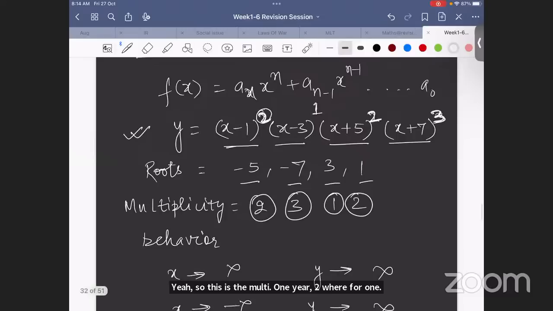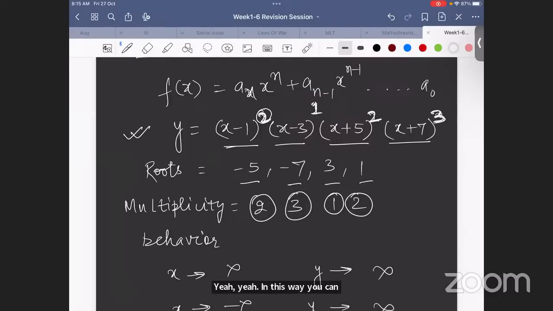You can just write the power at that point. If it is written (x plus 7) to the power 3, its multiplicity will be 3, right? In this way you can remember.